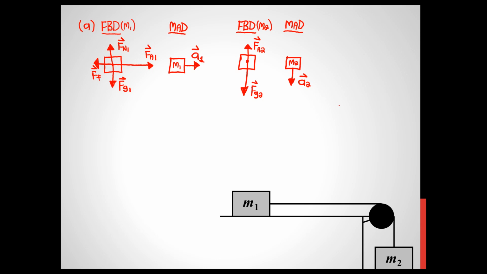Okay, now, the next question tells us we need to figure out what the system acceleration is in terms of, I think, the variables M1, M2, and G and FF. Now, there's quite a bit of work involved to actually do this, but we're going to start off by writing down equations of motion. Okay, so let's go to M1 first.